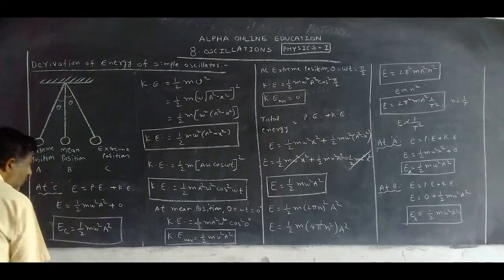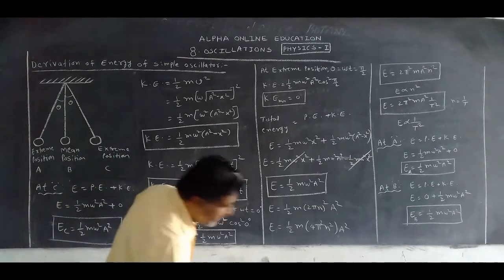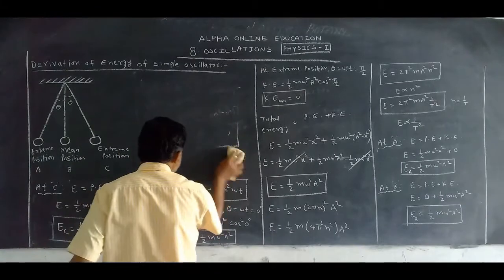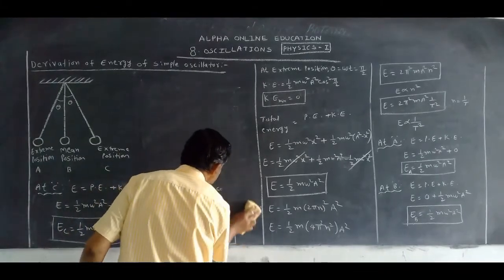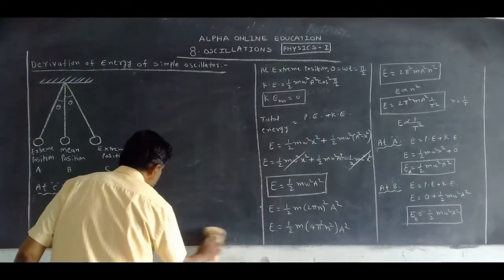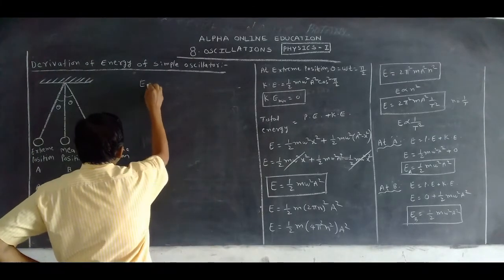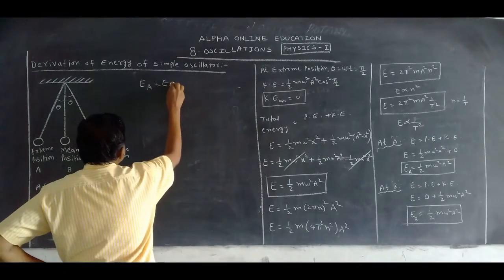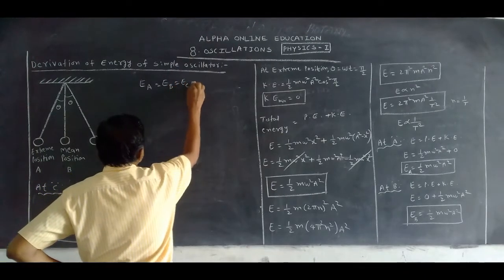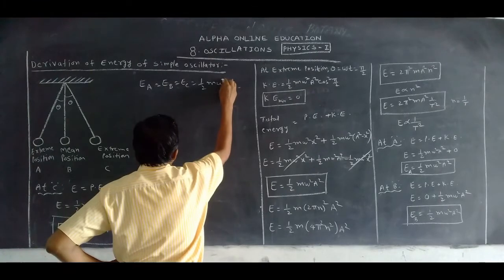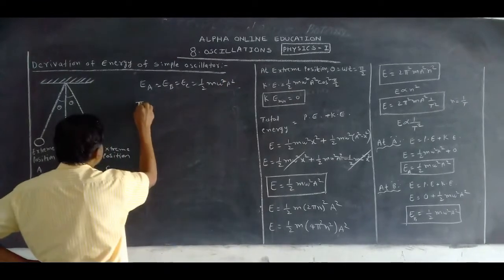Means what is concluded? At point A, at point B, at point C, total energy, what happened? Remains constant. EA is equal to EB is equal to EC is equal to half m omega square a square.